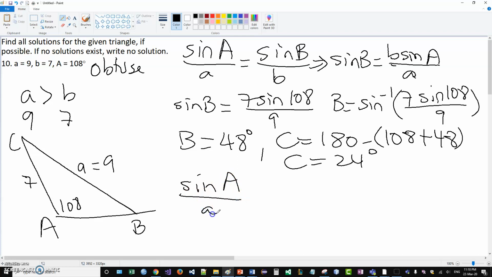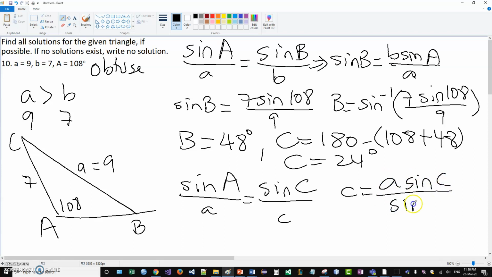Sine A over A equals sine C over C. C equals A sine C over sine A. C equals 9 sine 24 over sine 108, which will give us 3.9.